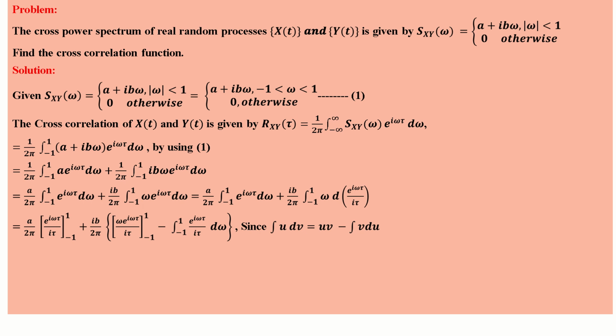Applying upper and lower limits: a/2π [e^(iτ)/(iτ) − e^(−iτ)/(iτ)] plus ib/2π. Applying the upper limit and lower limit, instead of ω we put 1: 1 times e^(iτ)/(iτ) minus (−1) times e^(−iτ)/(iτ), minus the next term 1/(iτ).